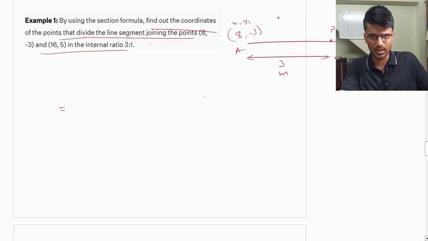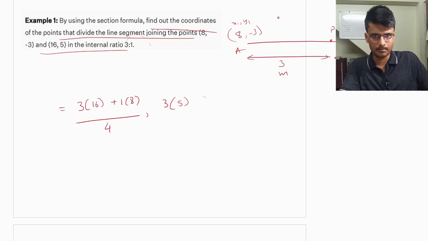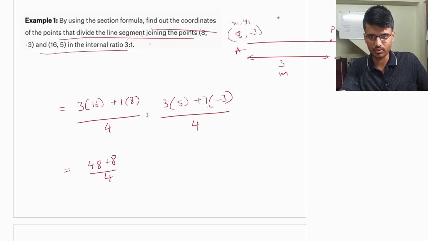So I'll just apply the formula here. Mx2 plus nx1 by m plus n, my2 (y2 is 5) plus ny1 by m plus n. 3 plus 1 is 4. 16 3s are 48 plus 8 by 4 comma 15 minus 3 by 4, which gives me 56 by 4, which is 14, comma 3.